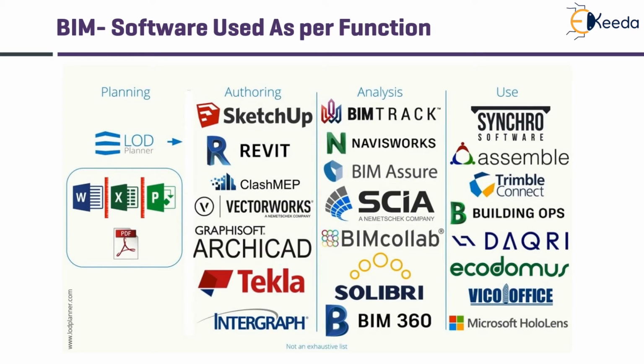Once we start authoring the model, that is, to create a 3D model, we have to use Revit, SketchUp, ArchiCAD, Intergraph, Tekla, etc. To carry out analysis of these models like clash detection, you need to use Navisworks, BIM 360, BIM Track, BIM Collab, etc. And finally, to use this model in practical project management purposes like 4D simulations, 5D cost estimation, etc., we use software like Synchro, Trimble Connect, Vico Office, Microsoft HoloLens, Building OPS, etc.